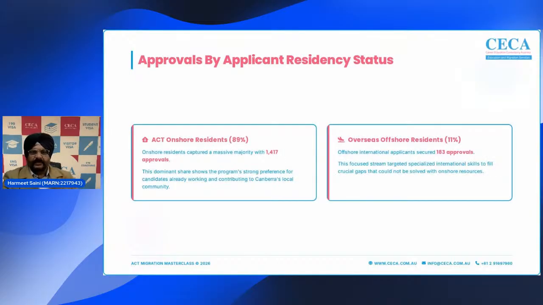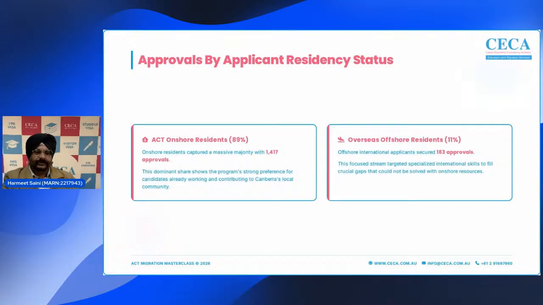If we talk about onshore and offshore nomination applications, the statistics give us data that almost 89% of applications accepted were from onshore applicants. However, only 11% of applications were nominated from offshore applicants.